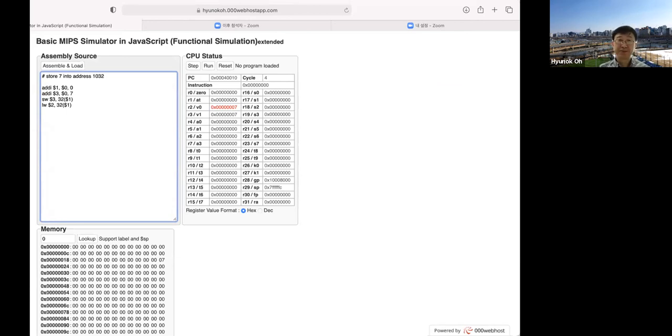Can you do it? If you can do it, can you upload your code into the chat window?